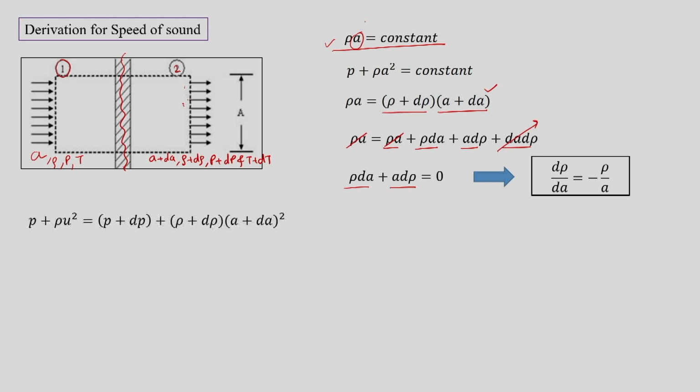Further, let us apply the momentum conservation equation across the sound wave. The momentum conservation equation says that P plus rho a square before the wave and after the wave are the same.